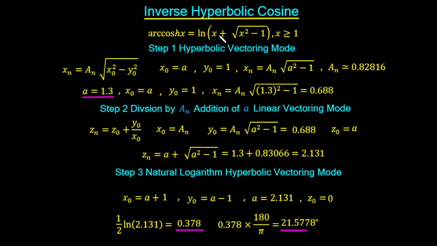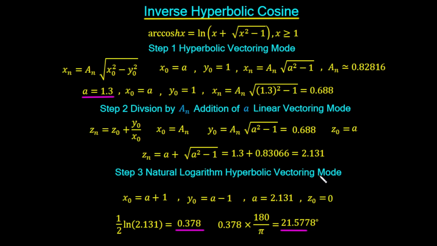Now we're going to have to go through the last two stages. The last two stages are just performing the natural log, and it's the same two stages that we've seen in the previous video. In order to generate the natural log, we're going to use the hyperbolic vectoring mode.